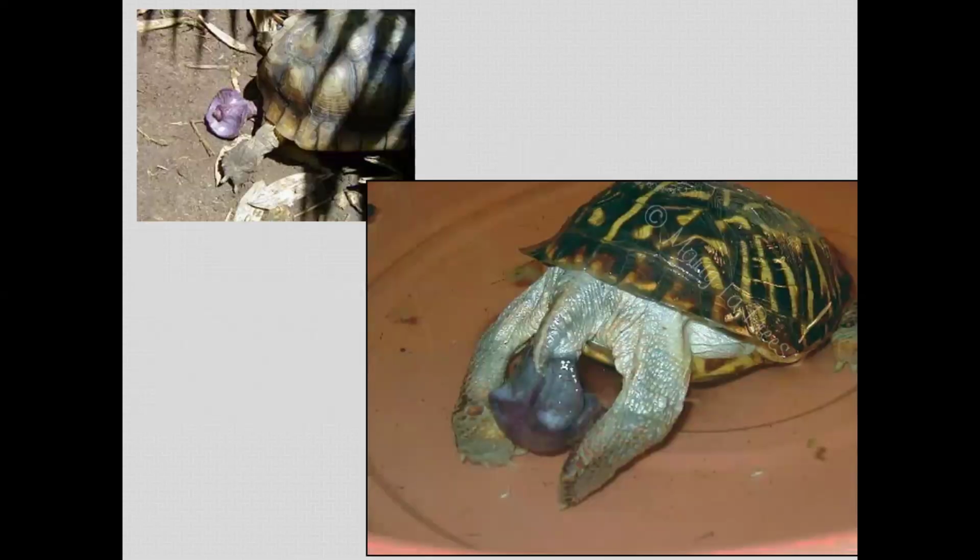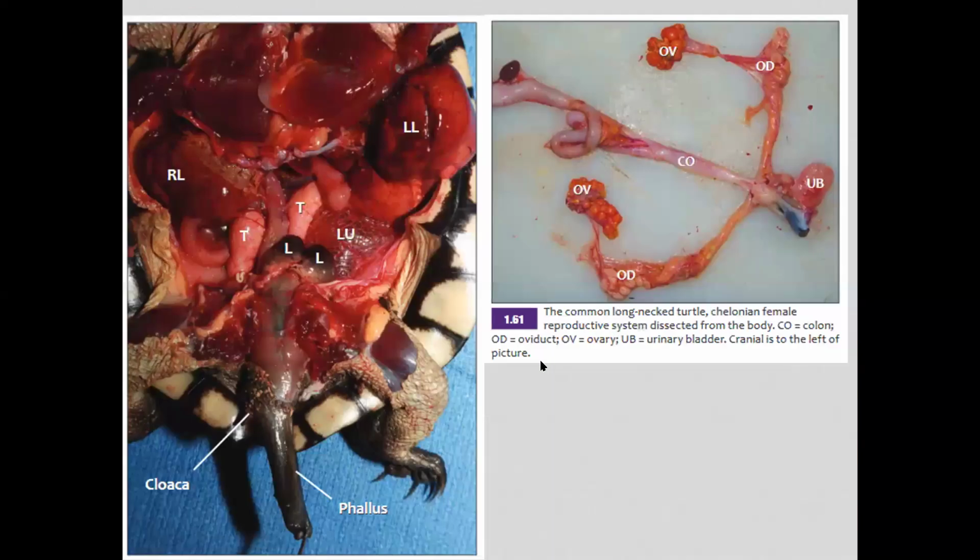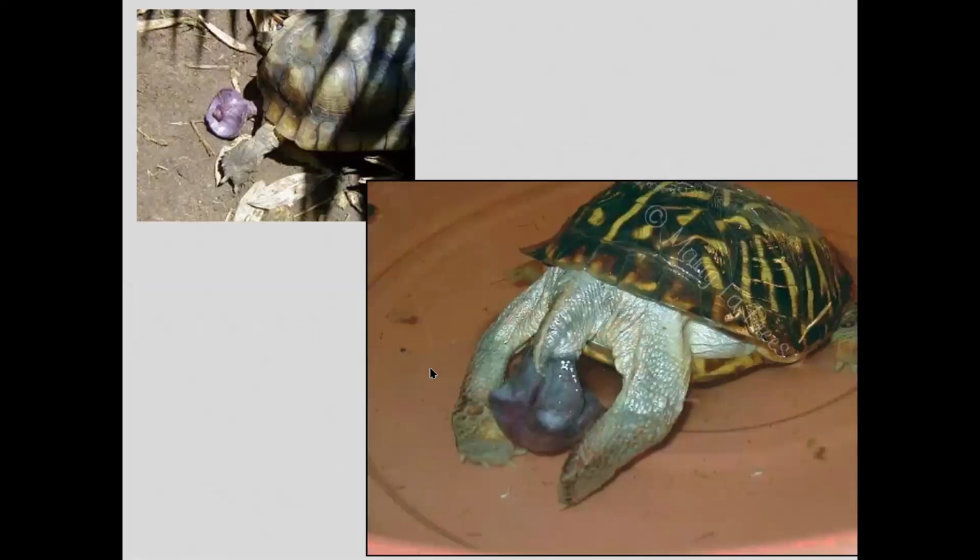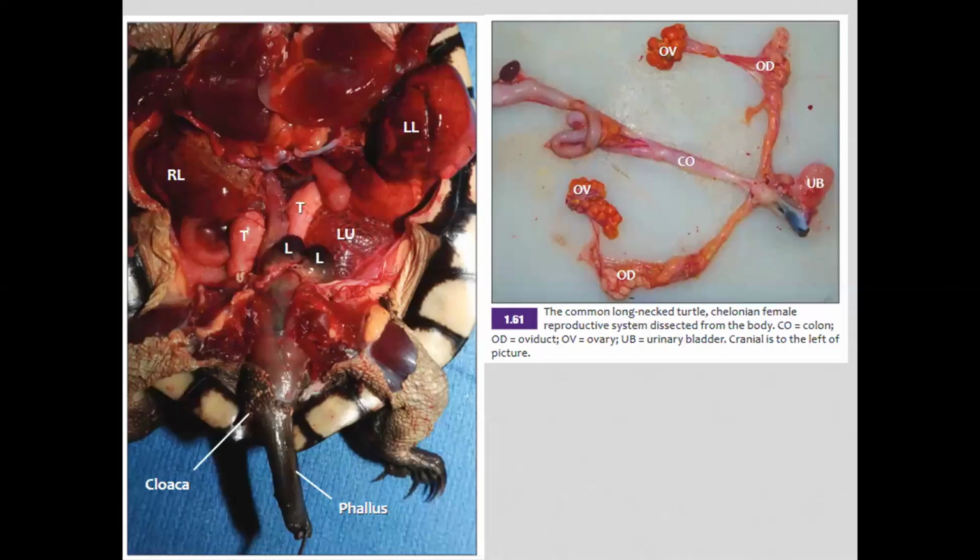This is the phallus or their male copulatory organ. It has a very different shape in different species like this one. And this one is their female organ.